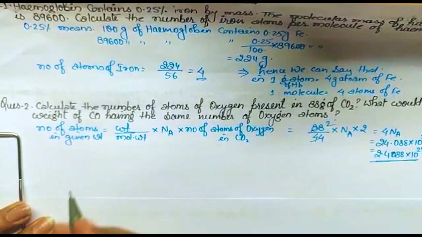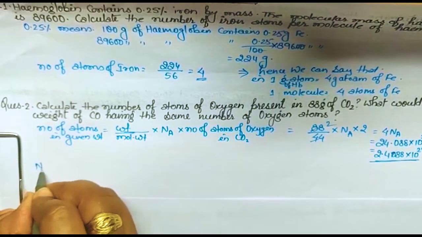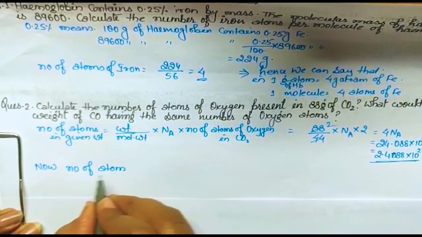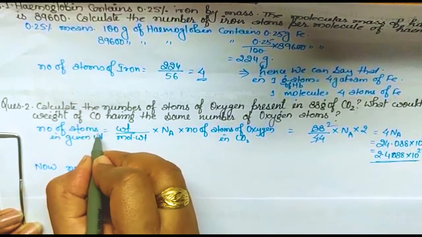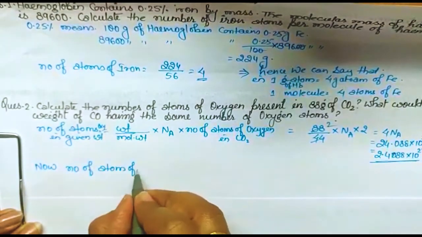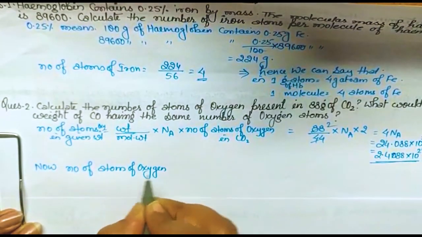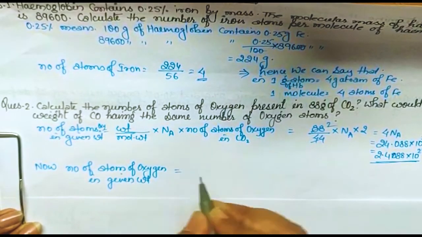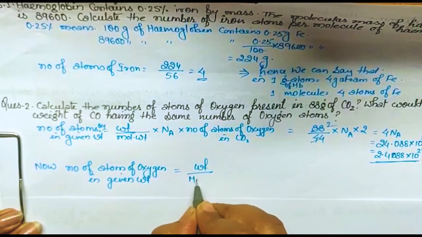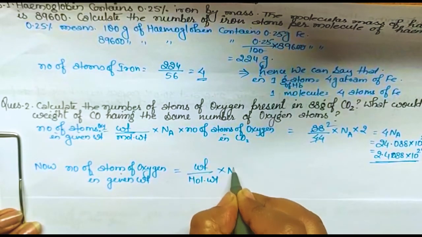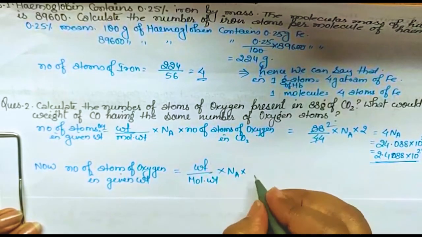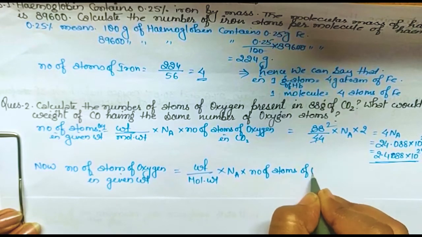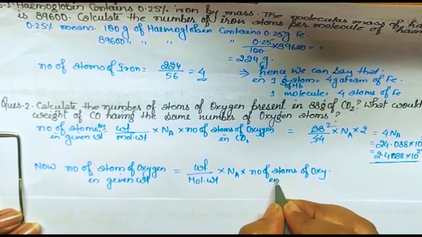So now again use the same formula. Number of atoms of oxygen in given weight will be equal to weight upon molecular weight into Avogadro number and into the number of atoms of oxygen in CO, isn't it?